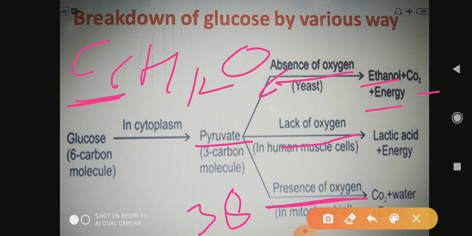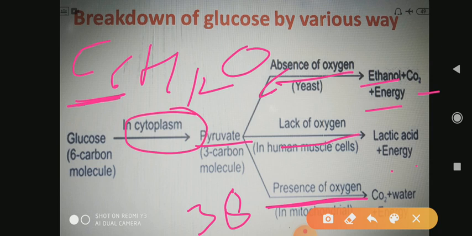Now see lack of oxygen. In the lack of oxygen, this takes place in the human muscle cells, and lactic acid and energy are formed. Now once again revise it. Glucose, which is a 6 carbon compound, breaks down into the 3 carbon compound pyruvate in the cytoplasm.